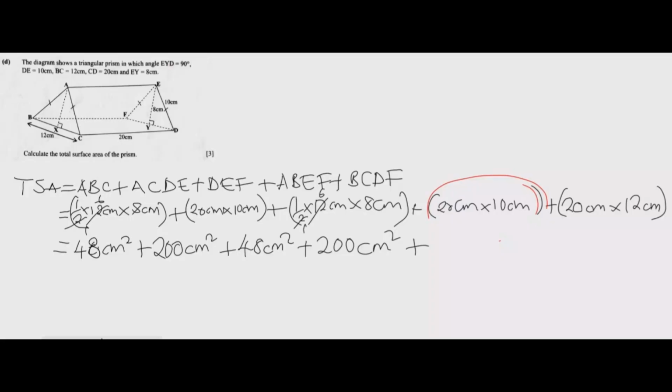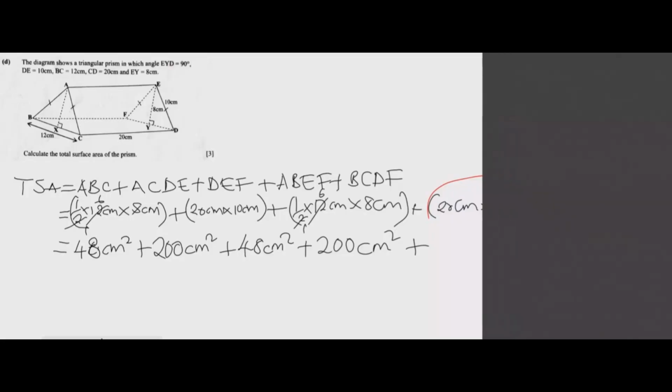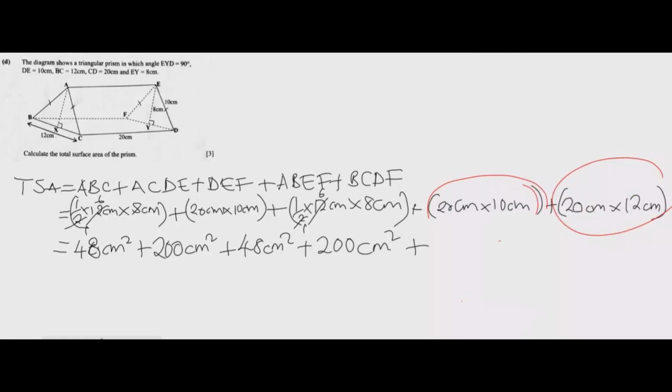Now we go to here. Then we say 20 times 12, sorry, 20 centimeter times 12 centimeter will give us 240 centimeter squared.